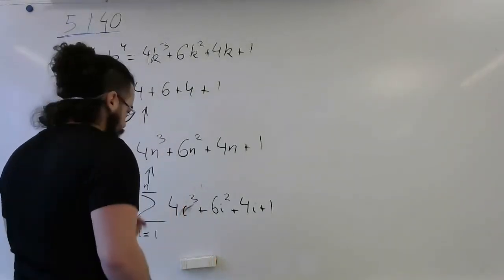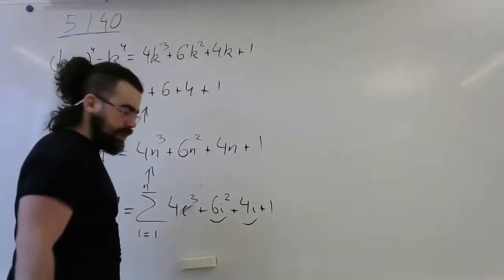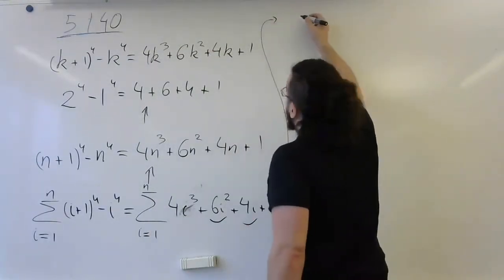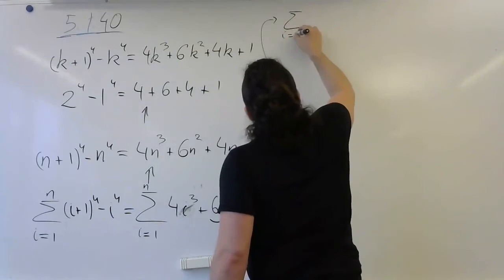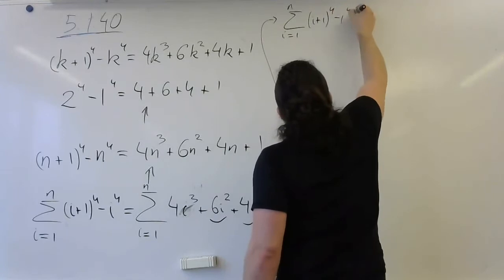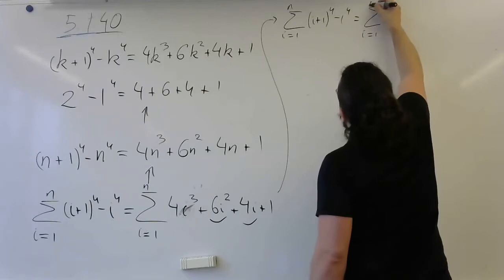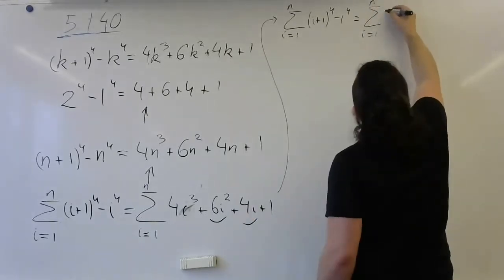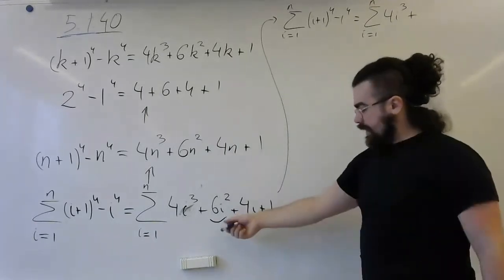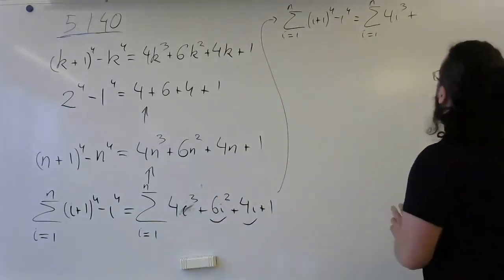Okay. Now, the other thing we can do is try and solve this. We're going to start here. Now, this sum is 6 times the sum of the first n squares.